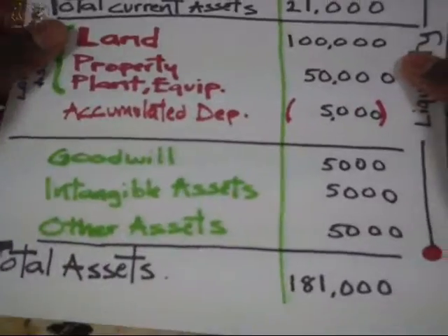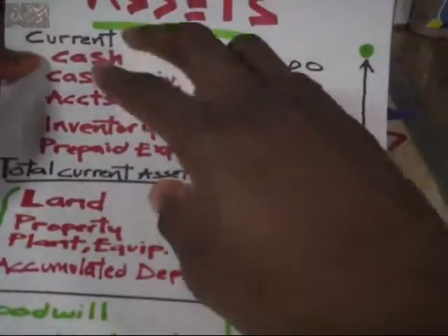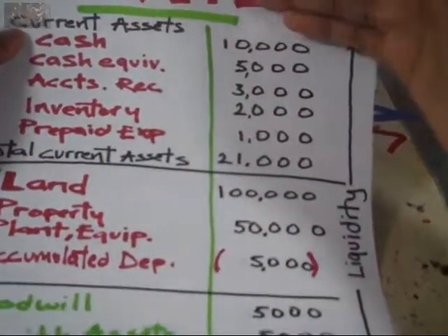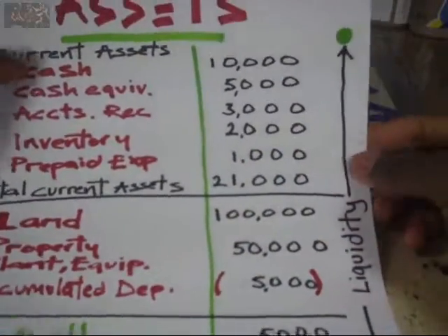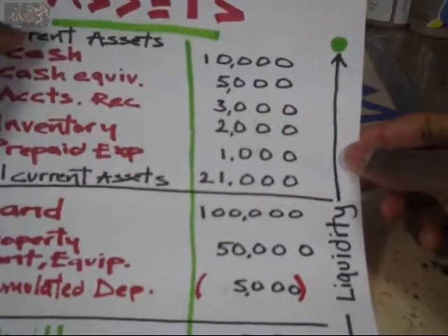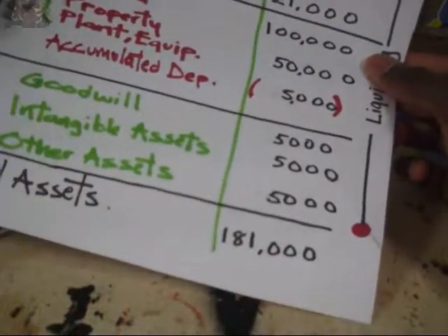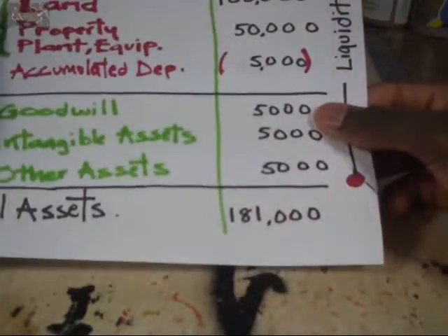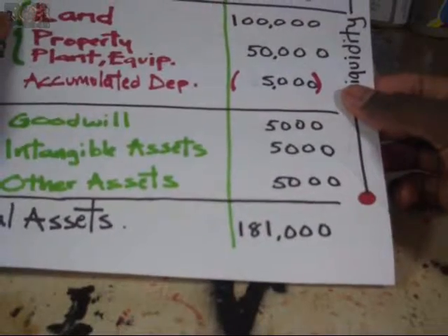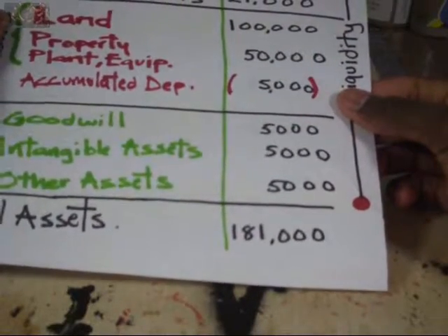Okay, I don't think I really missed anything. Oh, actually, yes, I did. So I just said the monetary value, and we can just go down the list here. I have the monetary value for all the current assets, all the long-term assets, and we'll just call them other assets. And on this sheet specifically, it adds up to $181,000.